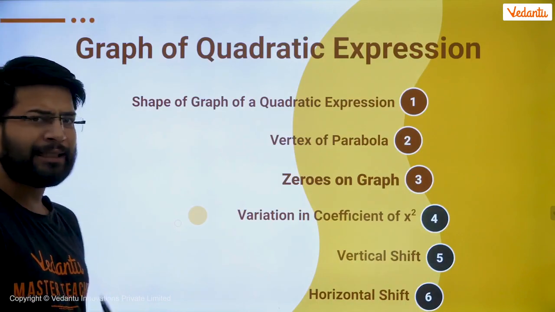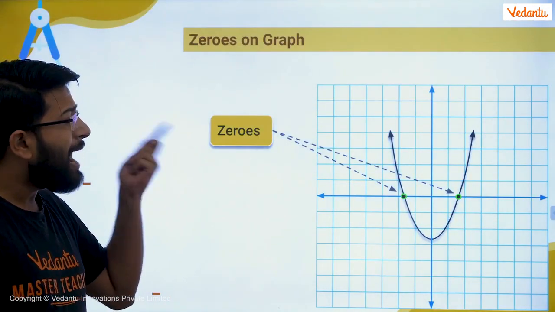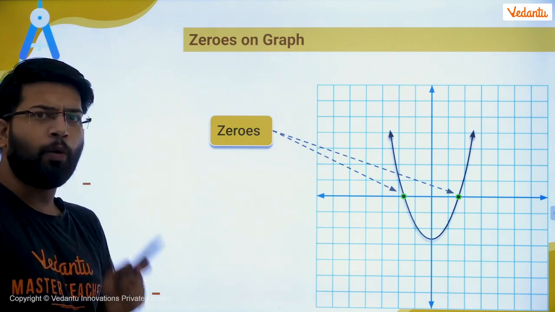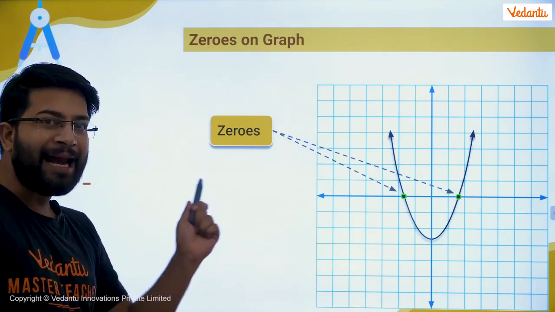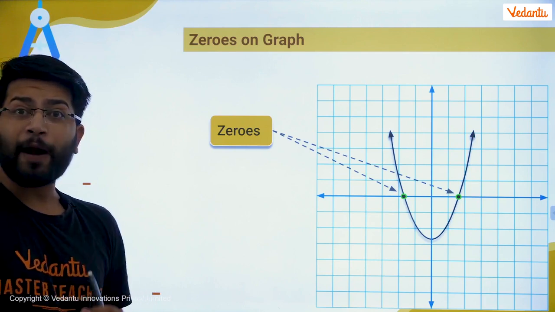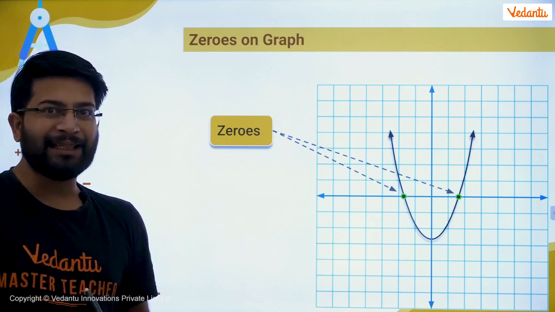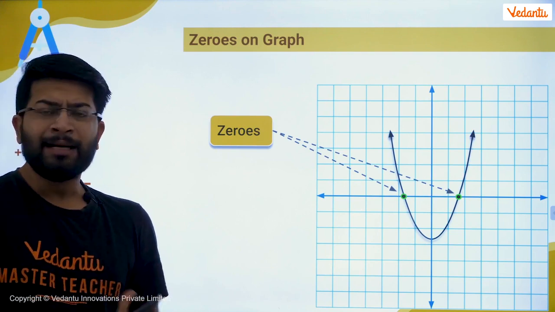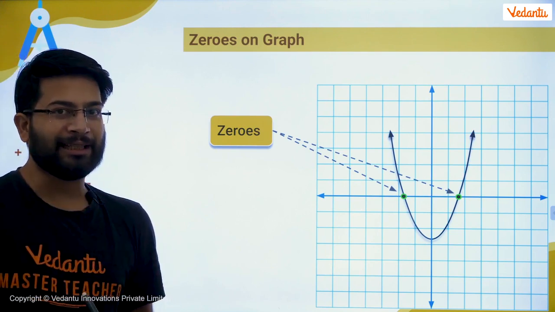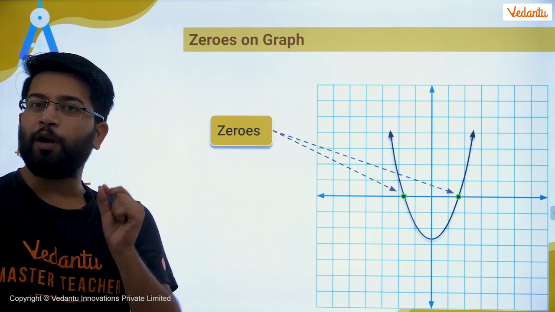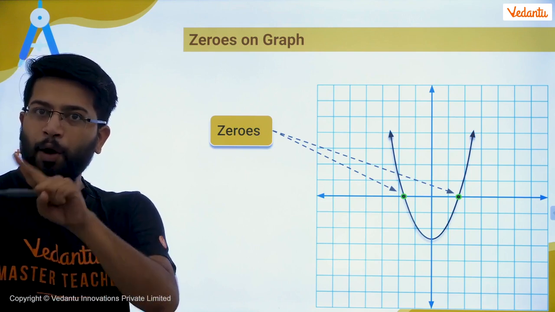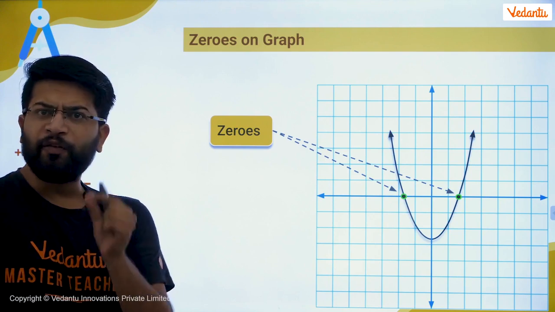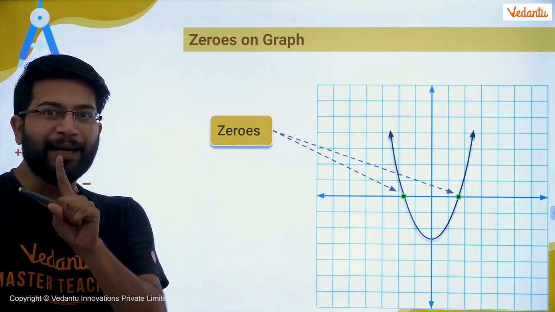Now champ, let's say we have this parabola, and we saw that this parabola was intersecting the x-axis. So now champ, try to think: on the x-axis, the value of y is always 0. That means at those values of x, the value of the polynomial is becoming 0.